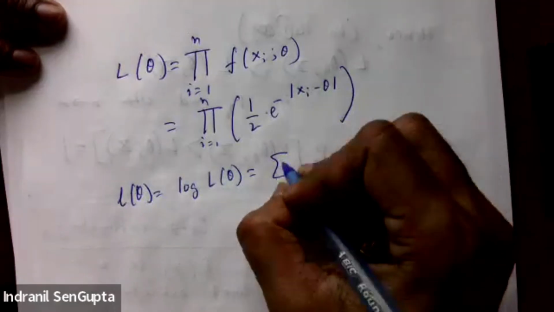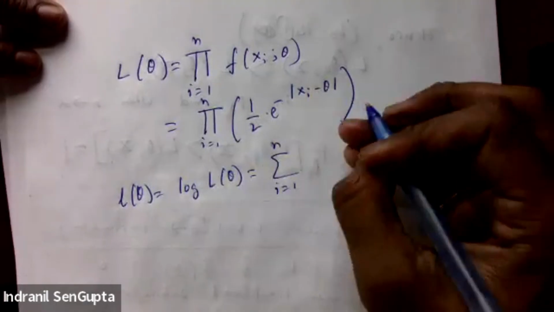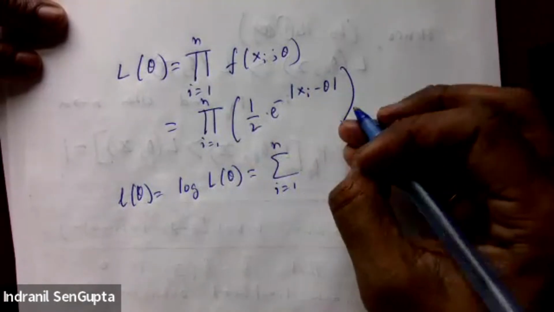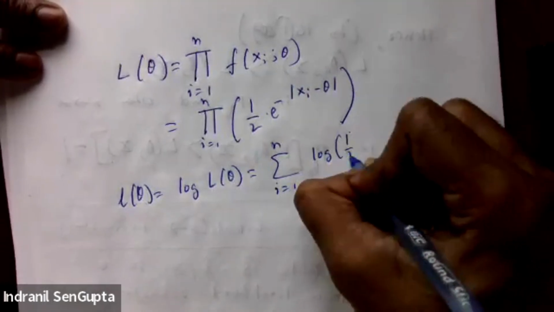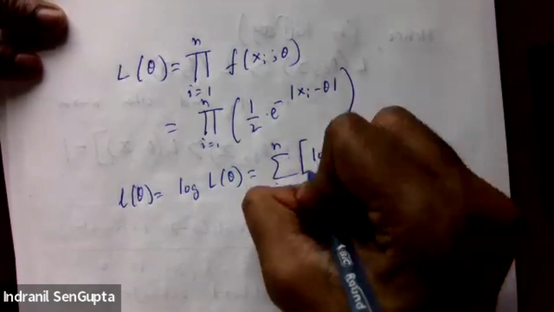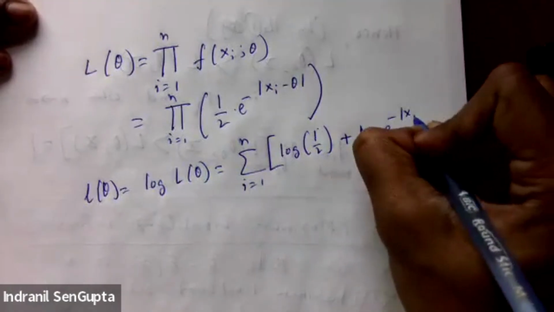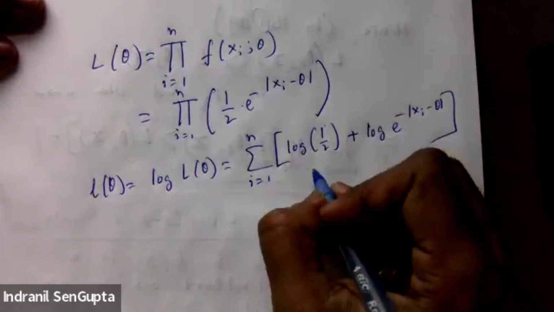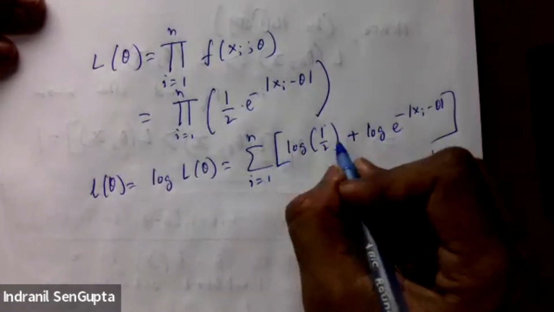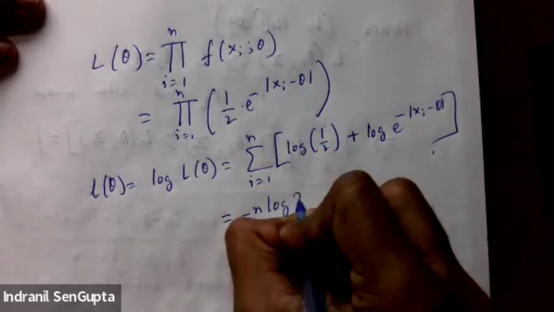So it's a summation, i from 1 to n, of log of 1/2 plus log of e to the minus |xi minus theta|. So this is basically minus log 2, and you have n of those. So it's basically minus n log 2.